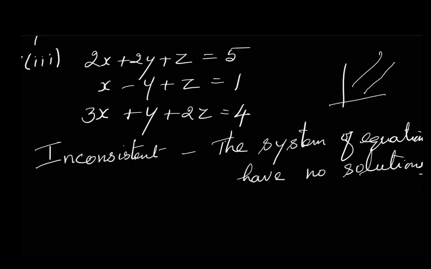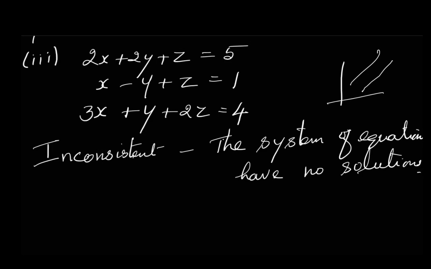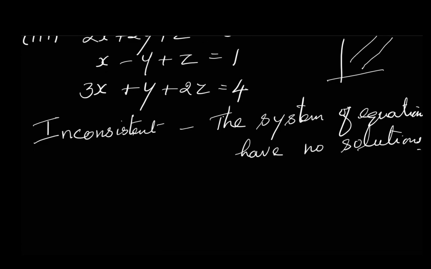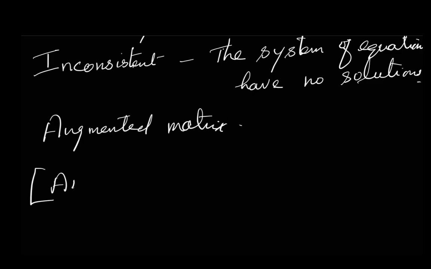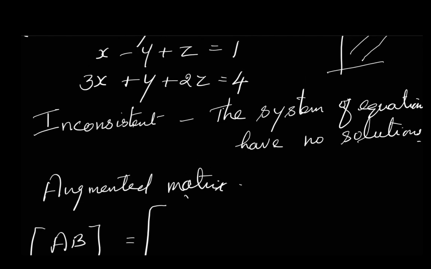Now let me solve the system of equations by rank method. If they are consistent only, we can get the solution. Okay, let me write the augmented matrix [A|B]. Write the coefficients of the variables x, y, z.